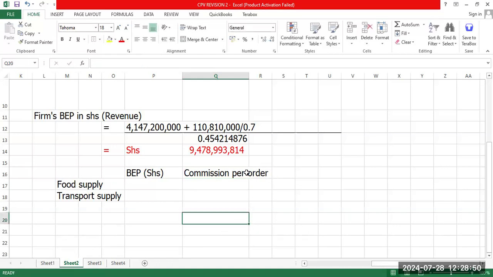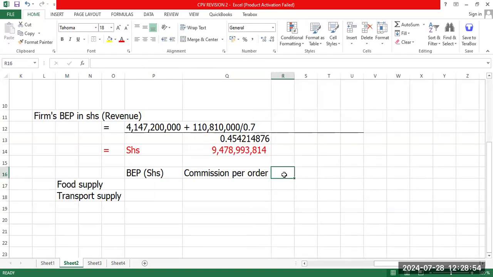Then after that we put break-even point in units.